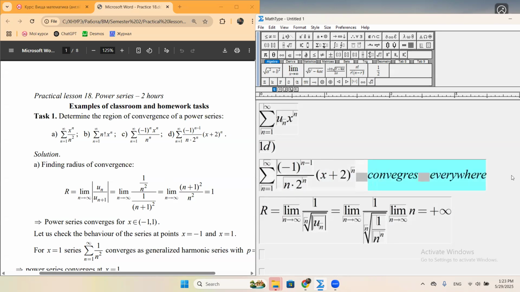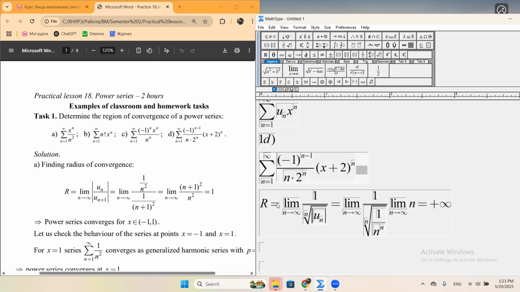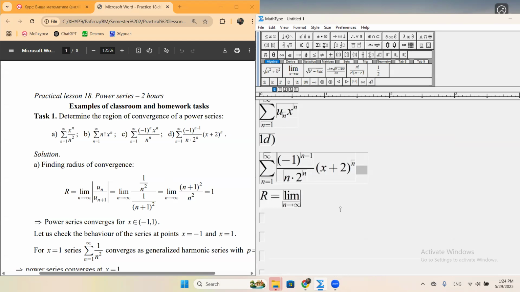Now finding the radius of convergence, but now we will use the D'Alembert test as well, again because it's more convenient. u_n over u_{n+1}, writing it down.